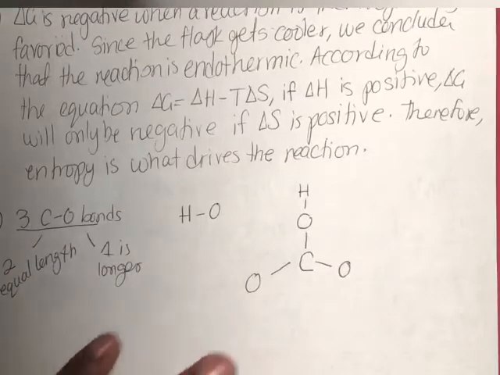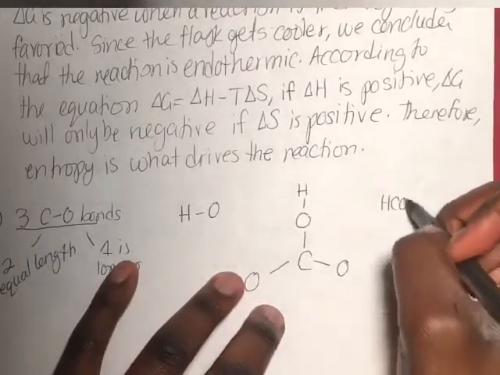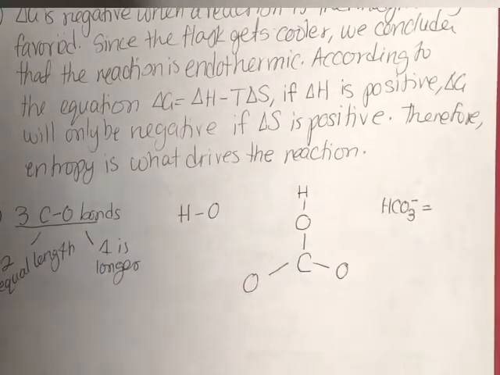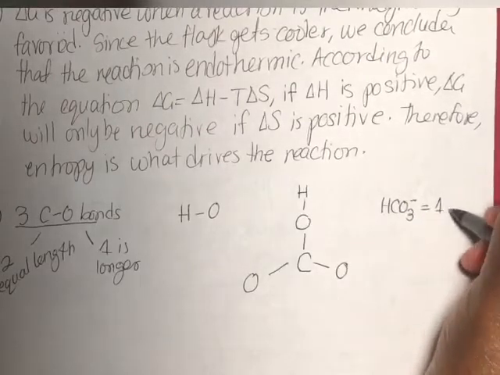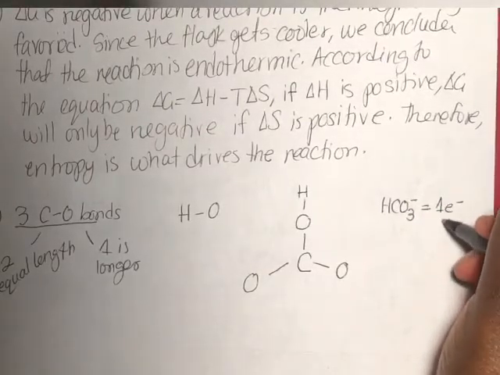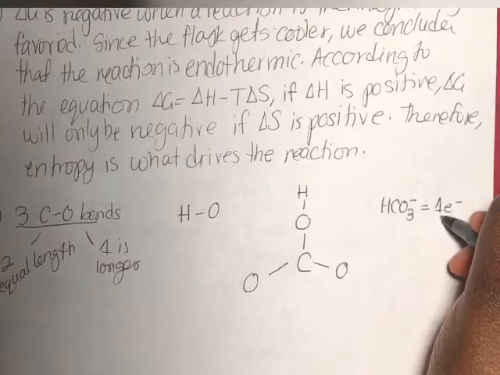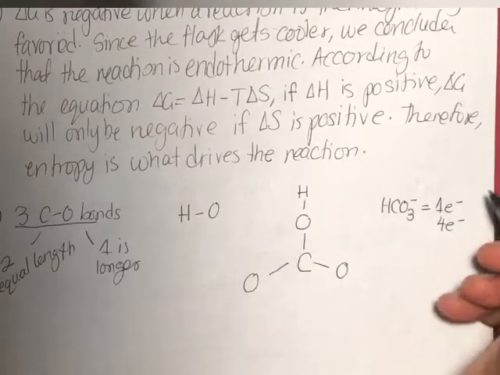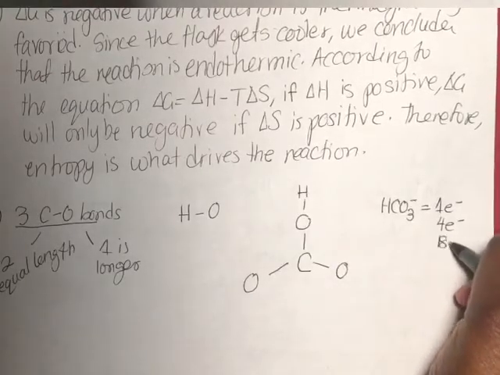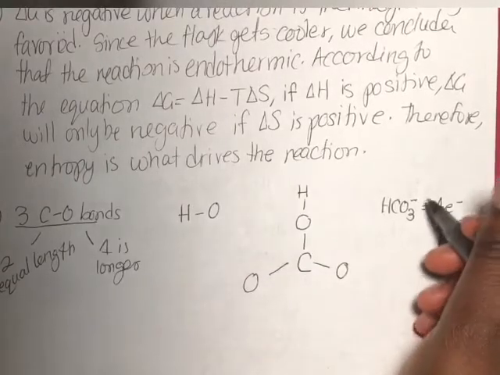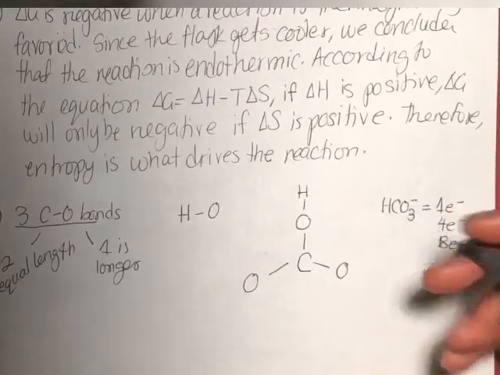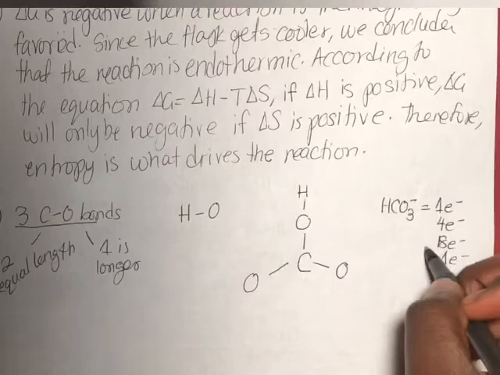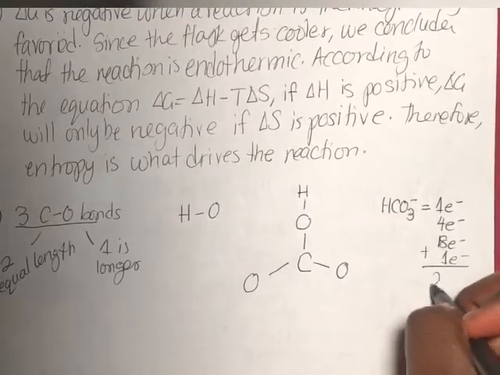Actually, I think the first thing we should have done here is to find out how many electrons should be present in total. So we know H has 1 valence electron, C has 4 valence electrons, O has 6 valence electrons, but there's 3 O's, so that's 18 electrons. And since the whole ion is an anion, we know it gains an electron, so we have to include that as well. When we add this up, we get 24 electrons in total.